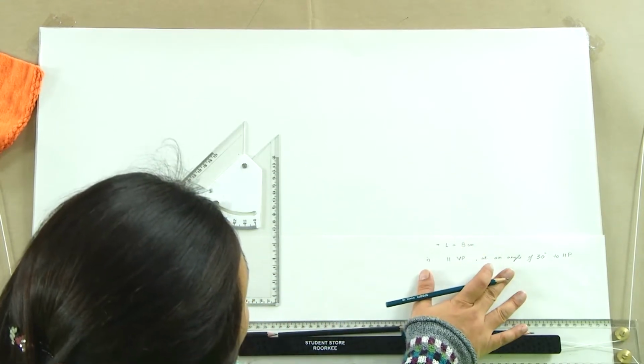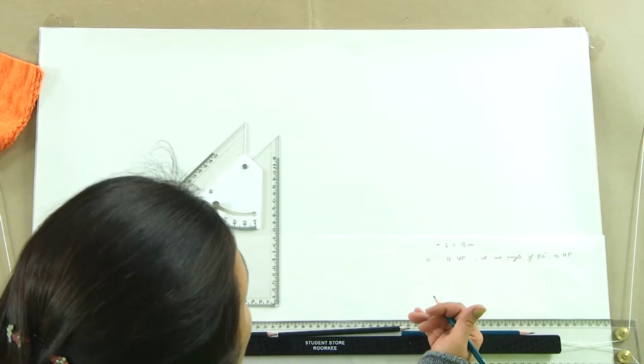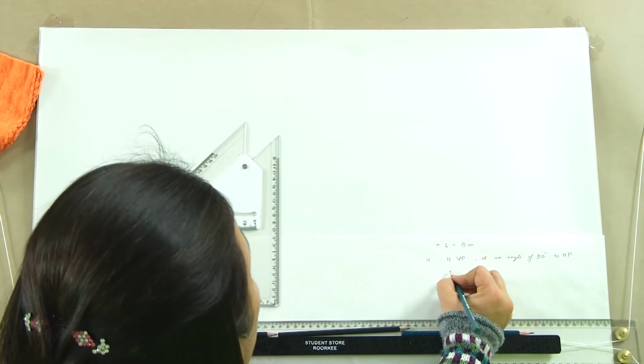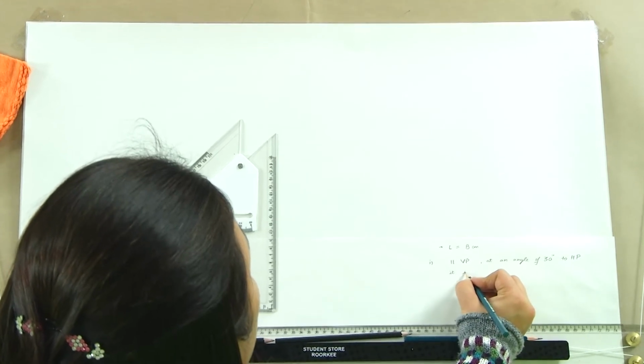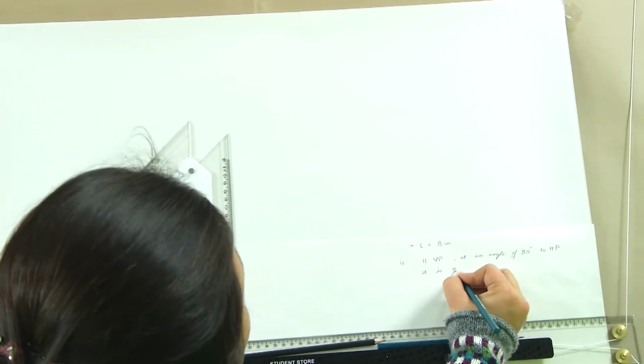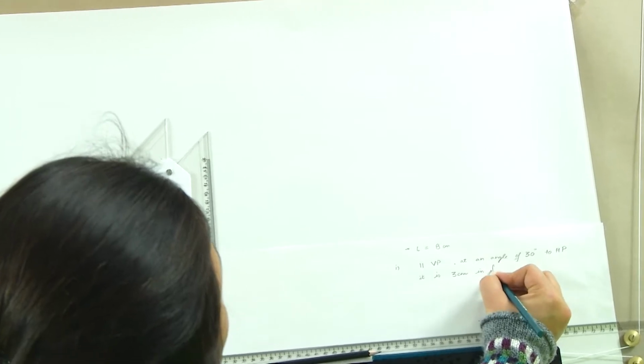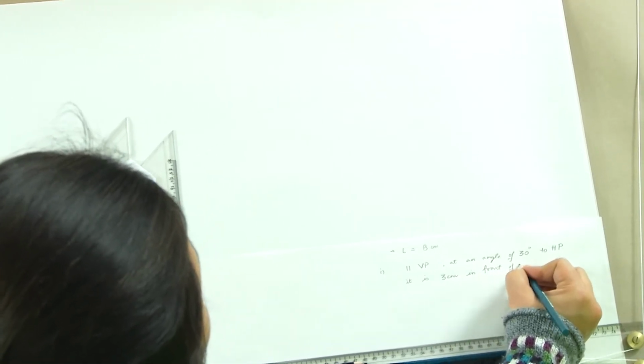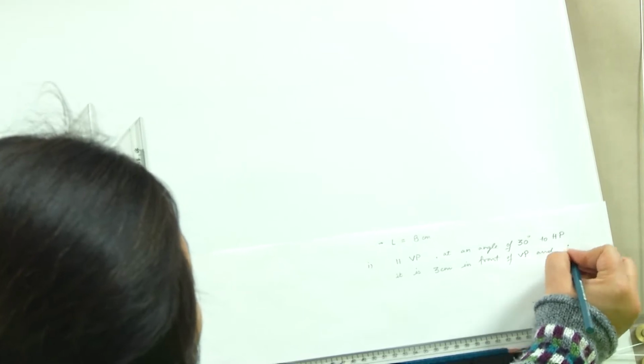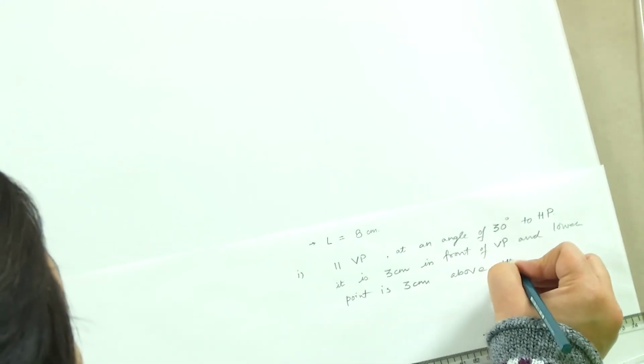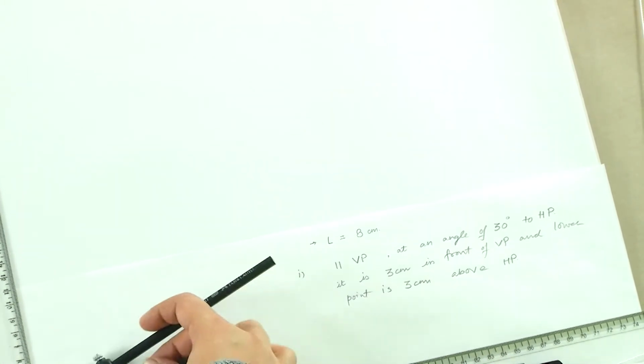That is what the condition is, and then we can also say that it is 3 centimeter in front of VP and lower point is 3 centimeter above HP. Now, let us start drawing step by step.